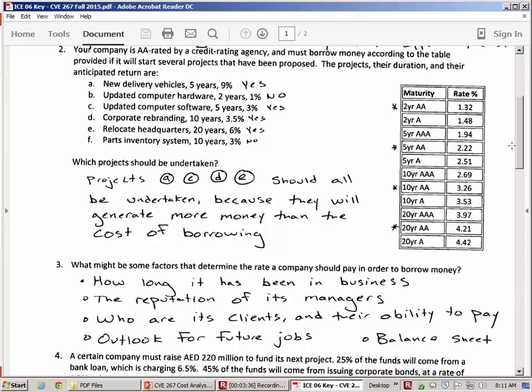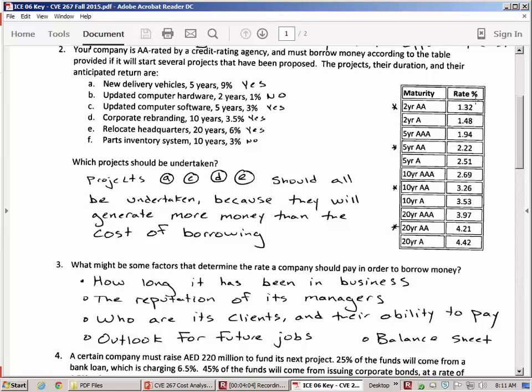Yep. Okay, so if a project returns more than it takes for you to borrow the money, then that's a good thing. If you're having to borrow money that's more expensive than the return you get, you shouldn't do the project. Each of these, I'm just comparing the rate of return that it says to the cost of capital. And if the cost of capital is greater, then I say no. So updated computer hardware, okay, 2 years, 1%.